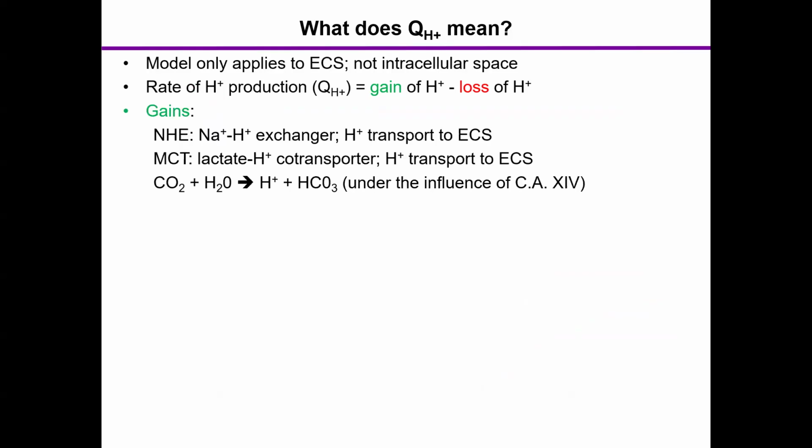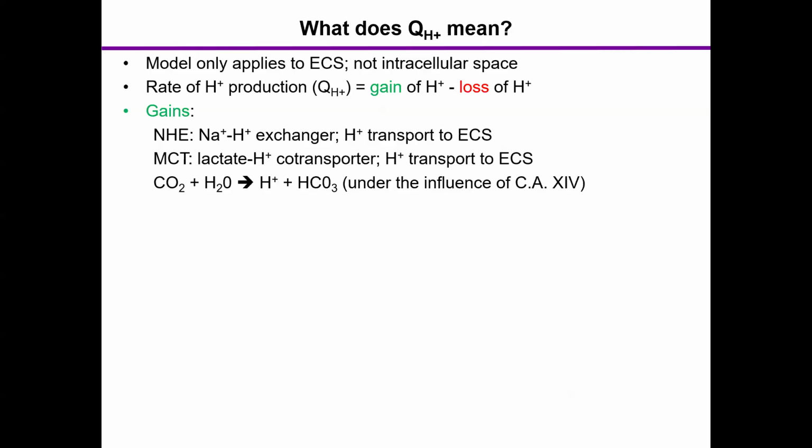When we think about what those gains and losses might be, we can consider several possibilities. First of all, there's the sodium-hydrogen exchanger, which would transport hydrogen ion into the extracellular space. There are the MCTs, which will transport lactate or other monocarboxylates along with hydrogen ion into the extracellular space.